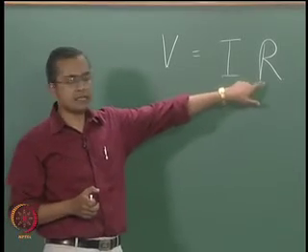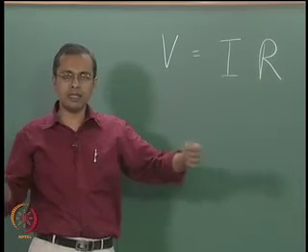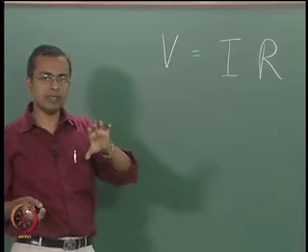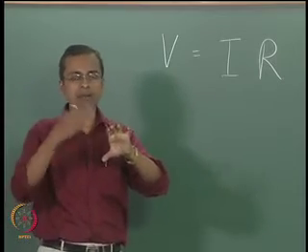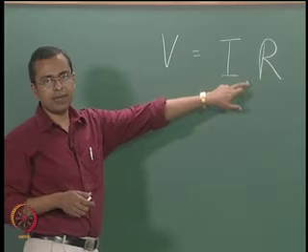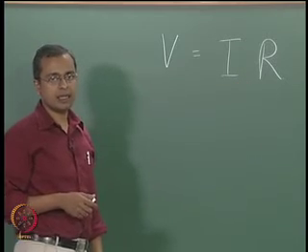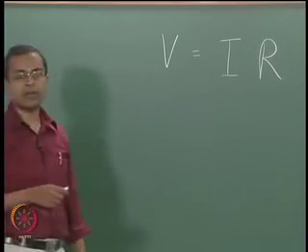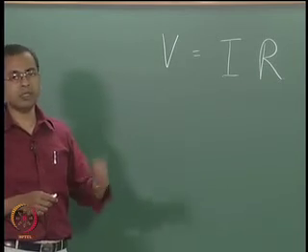Now if you have a wire, for example, the longer the wire is, the more resistance it will have, and the wider the wire is, the less resistance it will have, because the current will have alternate paths to go through. So we need to get this in a manner that we need not worry about the dimensions of the sample.